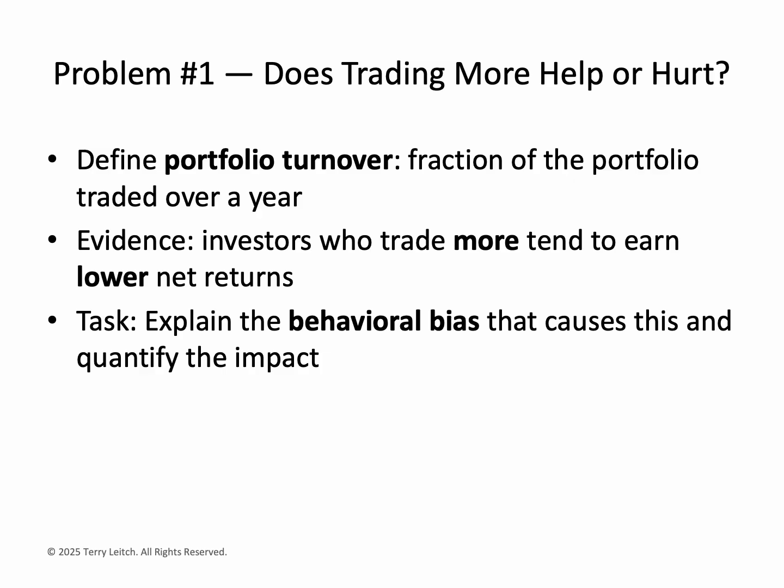Okay. The behavioral bias that causes this, and this was possibly a problem for us, but in terms of understanding why this happens, well, a lot of it is they are taking profits too soon and they're not cutting losses quick enough.